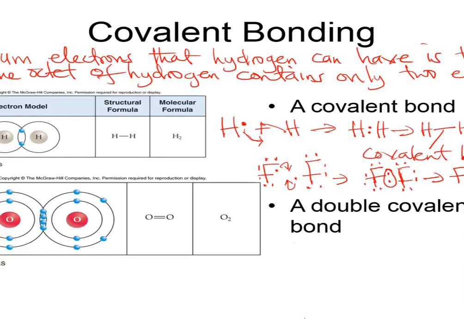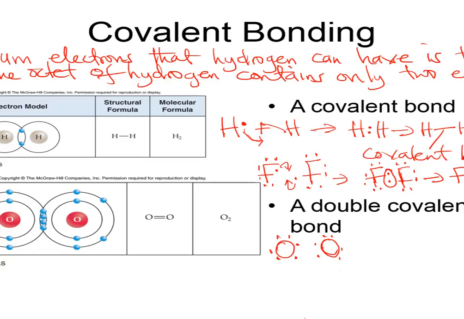Now if we go to oxygen, oxygen has 6 electrons in its outer shell. And another oxygen here has 6 electrons in its outer shell. So let's count. This oxygen needs 8 electrons, but it only has 6. This oxygen needs 8 electrons, but it only has 6.